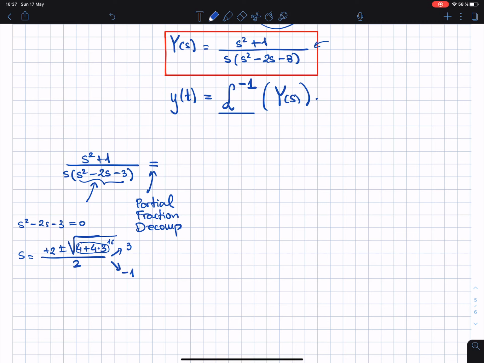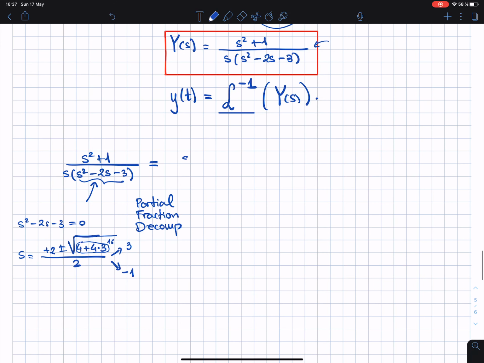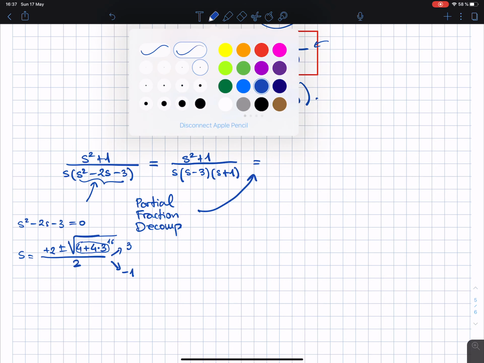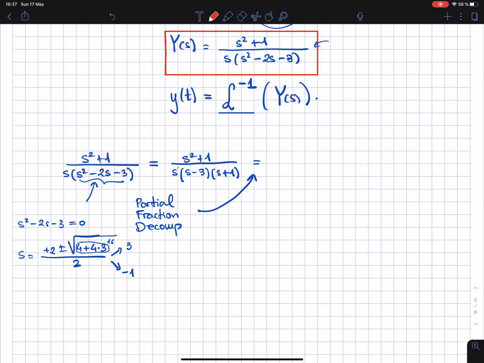So before applying partial fraction decomposition, we rewrite this where the denominator is factorized in its roots. Now we will apply partial fraction decomposition, which is, in this case, we have that each one of the roots is a simple root.